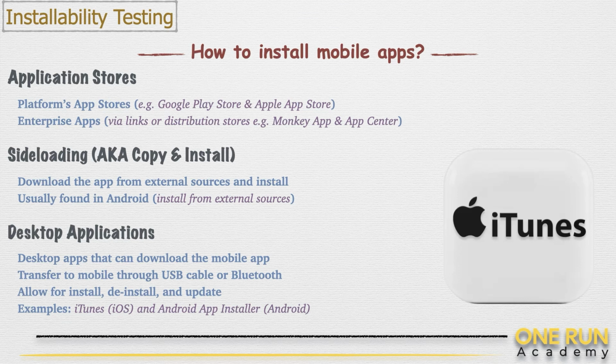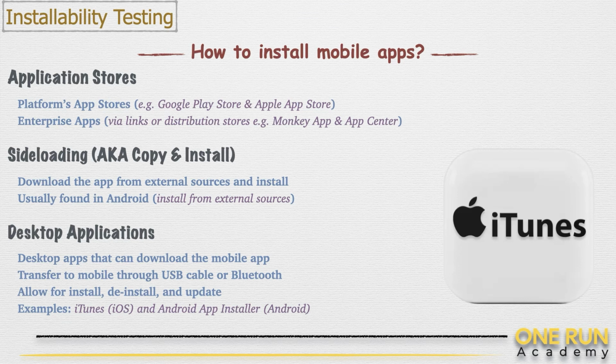For example, iTunes used to be a popular tool for iPhone users to manage their apps, allowing them to download an application on their computer and then sync it to their iPhones. Similarly, tools like Android App Installer enable users to manage their Android apps through their desktop computers.